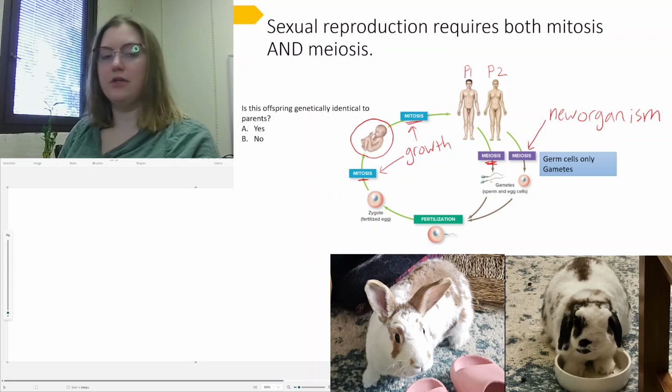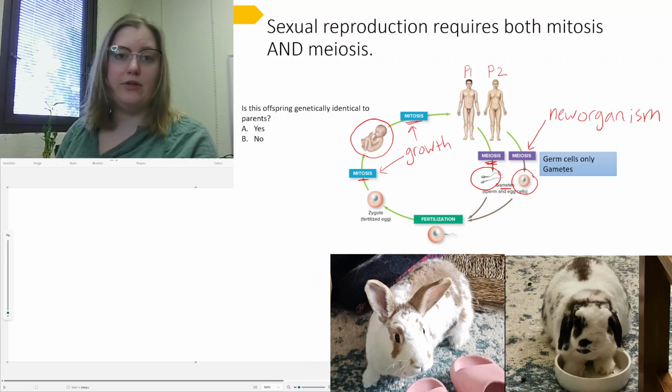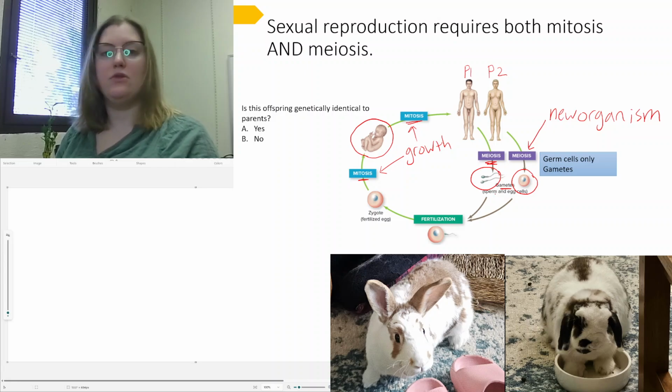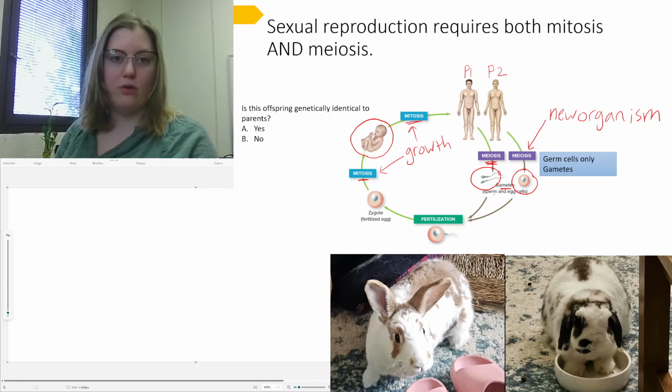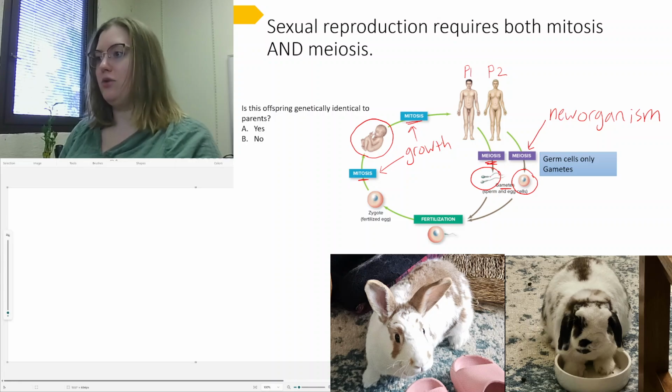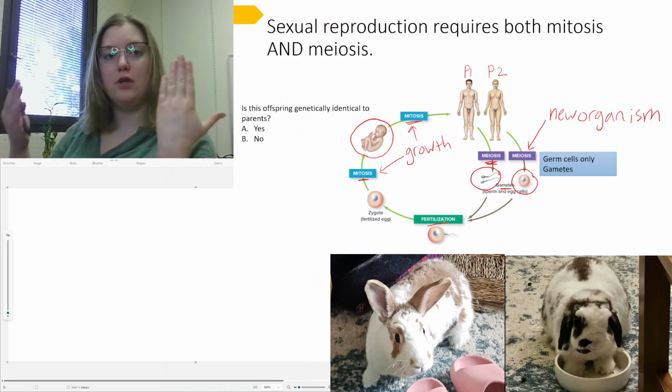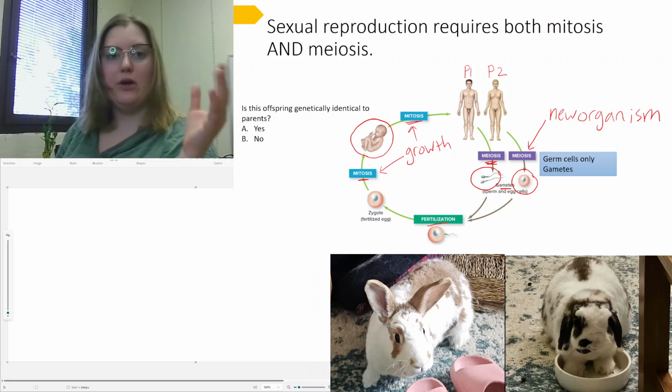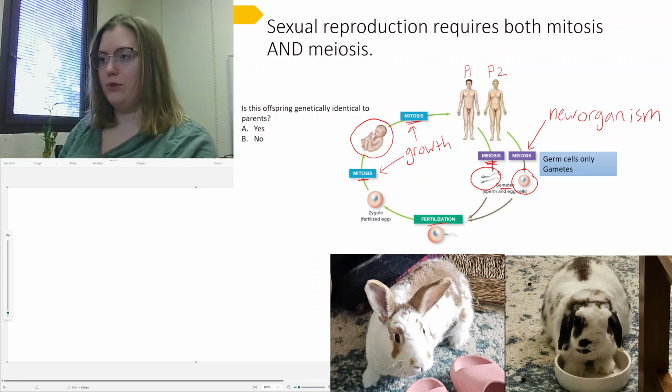So parent 1 is going to donate some genetic material in the form of a gamete, right? And parent 2 is going to donate genetic material in the form of a gamete, but neither one is going to give all of their genetic material, because we have to have the same number of chromosomes in this offspring, right? So each of these gametes has half of the normal number of chromosomes. Then when fertilization occurs, the gametes combine and we go back to our normal number of chromosomes.